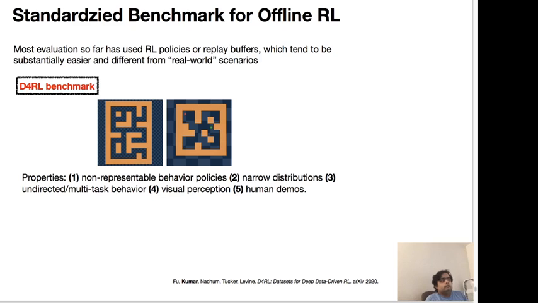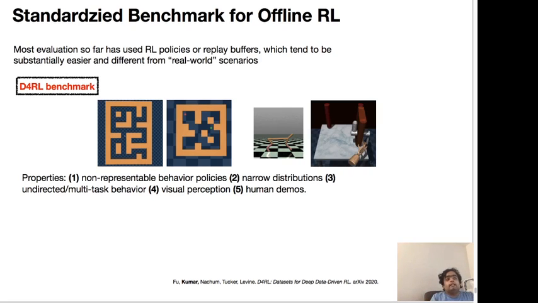In order to do this, the D4RL benchmark consists of tasks which satisfy these properties, such as the ant maze or the point maze tasks, which consist of behavior policies that are not representable in the function class that is chosen during training. Then there are tasks with extremely narrow distributions, such as the robotic hand task that we saw earlier with the CQL results, where the data covers a very thin manifold in the space of all state-action pairs.